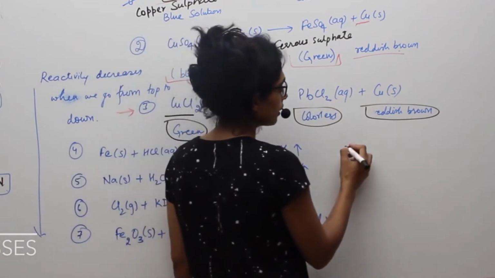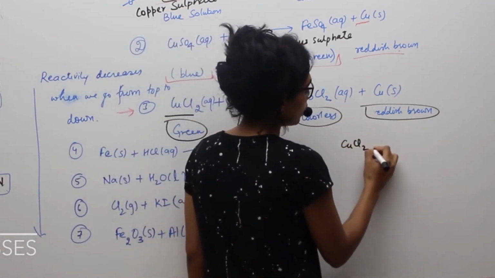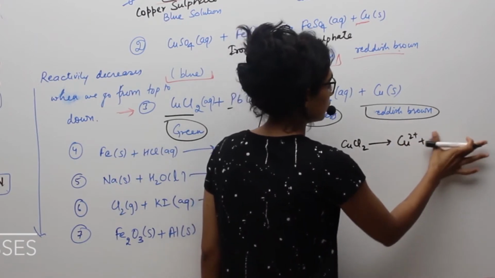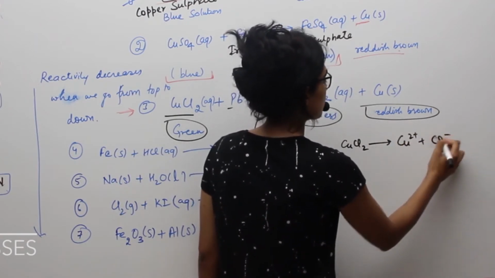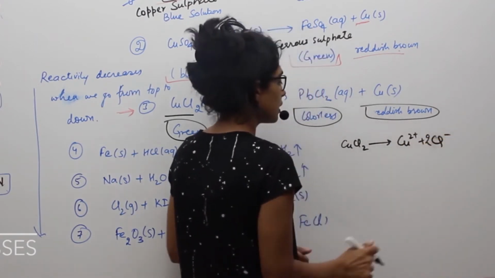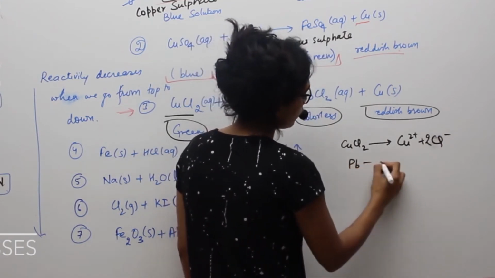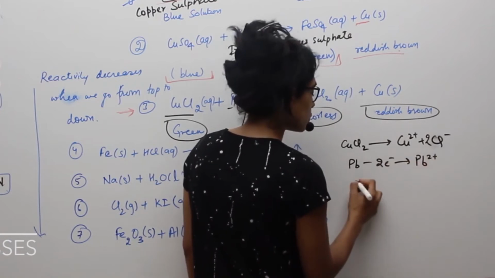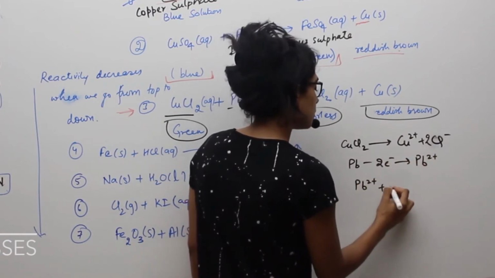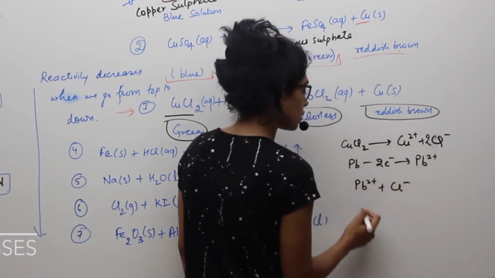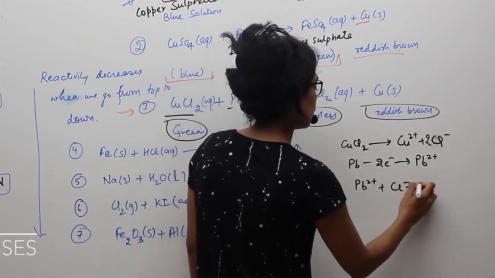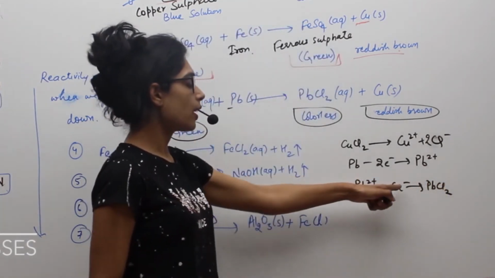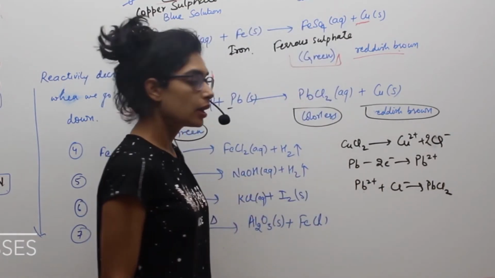Again we'll look at its ionic reaction. CuCl2 in the solution will break into Cu2+ and 2Cl-. Then lead will lose 2 electrons and become Pb2+. So Pb2+ and chlorine will react together and form PbCl2, because chlorine has valence minus one and lead has 2.